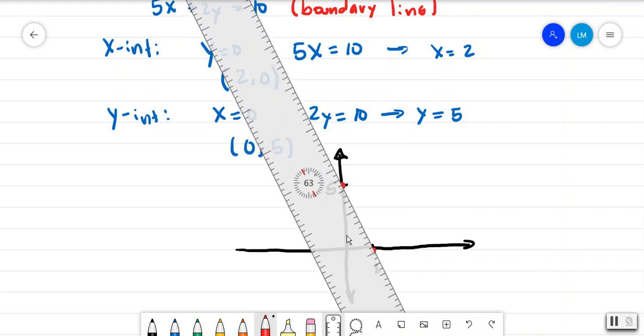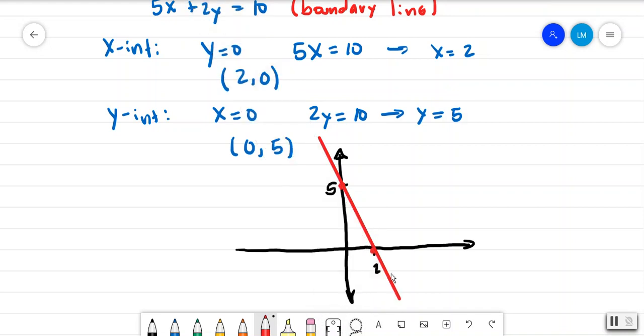This should be good enough, so let's draw our boundary line. Okay, we have our boundary line, and here we can notate that this is the boundary line we mentioned, 5x plus 2y equals 10. Of course, it keeps going and going.